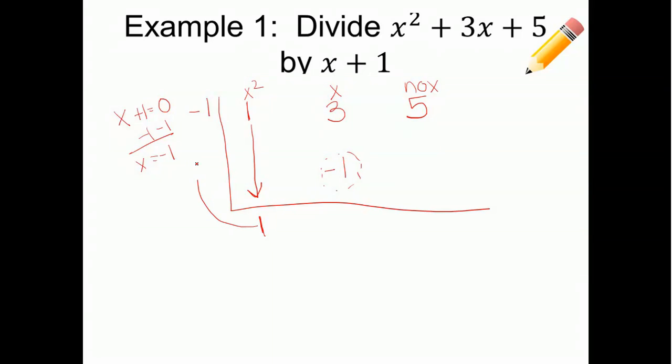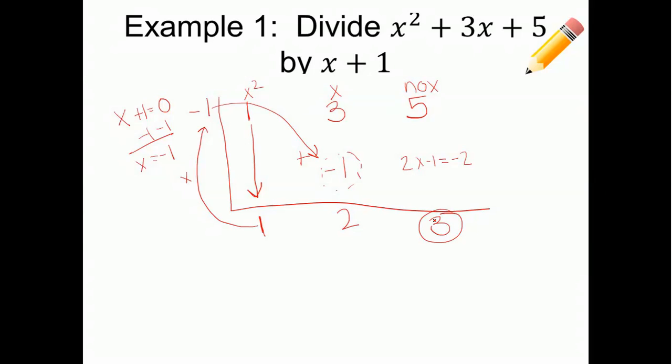So basically I multiplied those two to get that term. Then I'm going to add inside, 3 plus a negative 1, that is 2. Then the same thing happens. I'm going to multiply 2 times negative 1, which is negative 2. Then I'm going to add these, and I get 3.